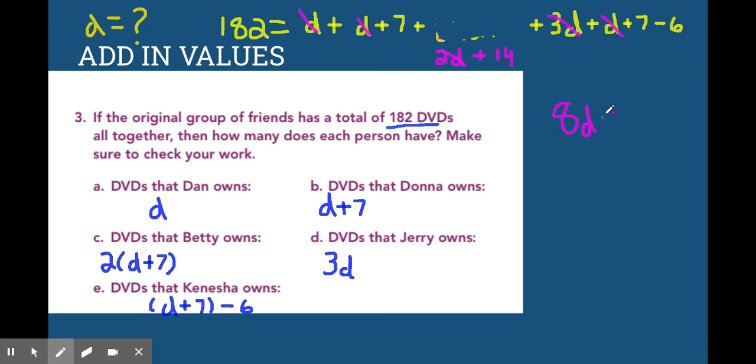That's a positive 22, so now I have 8D plus 22. And now that I've simplified it, I know that that will equal, over here, 182.